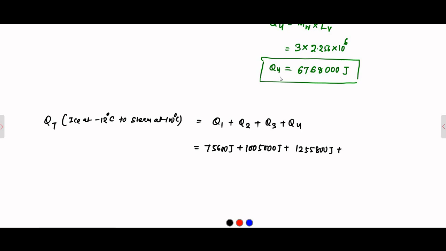And then the fourth step, where we converted water at 100 degrees Celsius to steam at 100 degrees Celsius, this fourth step heat energy required is equal to 6,768,000 joule.